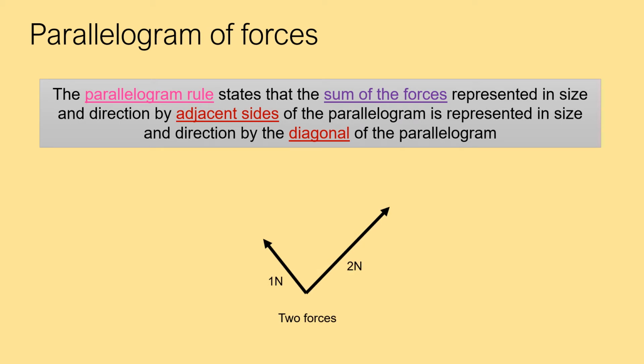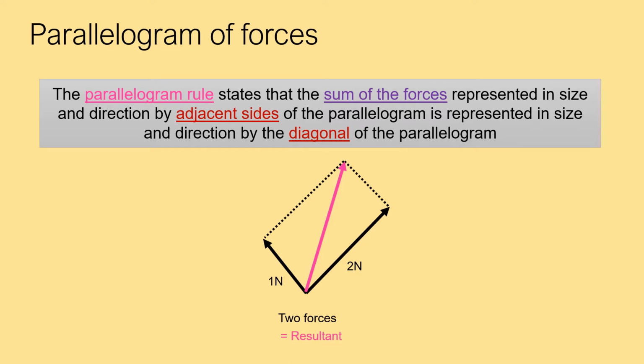We have 2 sides of a parallelogram. We have 2 forces acting in 2 different directions, one of 1 Newton, one of 2 Newtons. So we can think of this as adjacent sides of a parallelogram. If you complete the parallelogram and then connect the 2 opposing corners, then you have the resultant force.